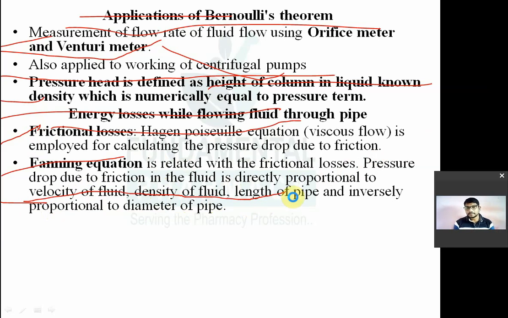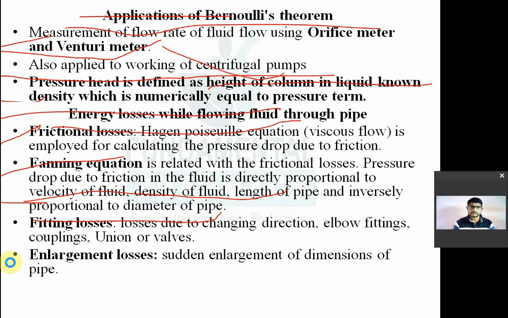Okay? Whatever frictional losses are there, it is directly proportional to the viscosity of fluid, density of fluid, and length of pipe, and inversely proportional to the pipe diameter. So the smaller the diameter, the greater the frictional loss, and the larger the diameter, the smaller the frictional loss.